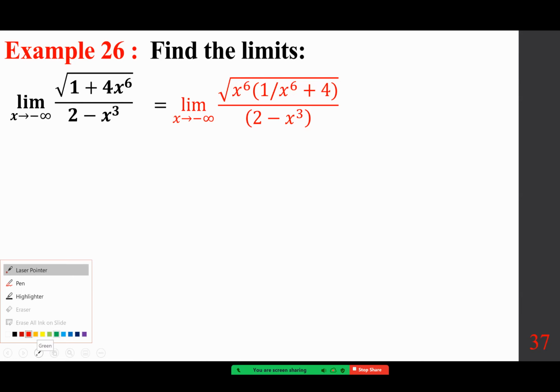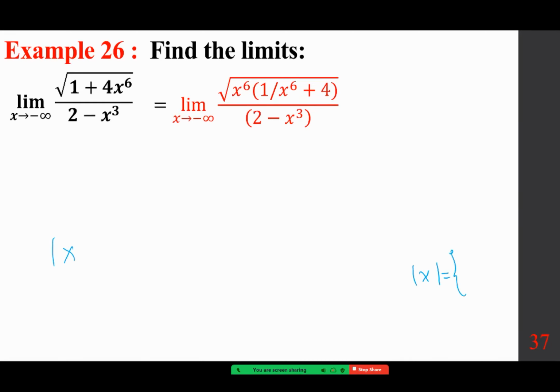As you recall, absolute value of x is defined as x if x is larger than or equal to 0, minus x if it's less than 0.